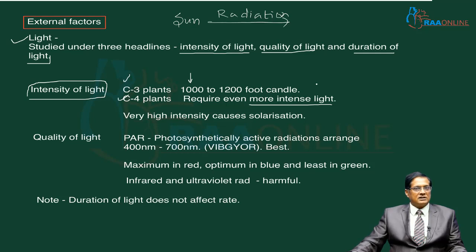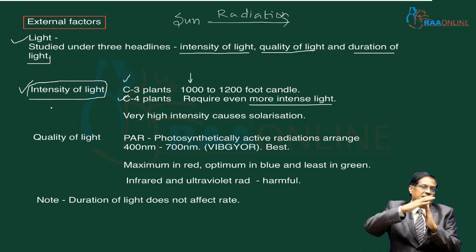I have already described C3 plants, they prefer to live in temperate climatic condition, whereas C4 plants are fit for the tropical climatic conditions. So if intensity of light is limiting, then only it increases the rate.